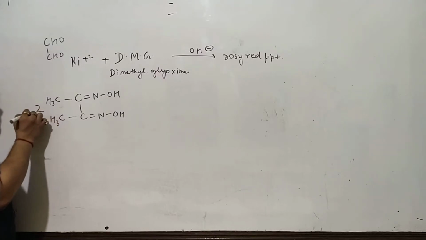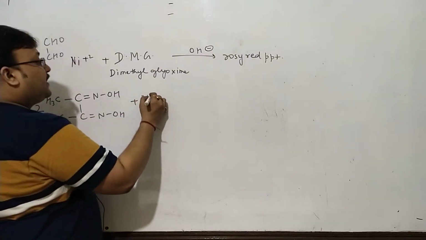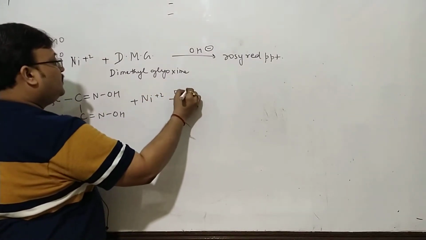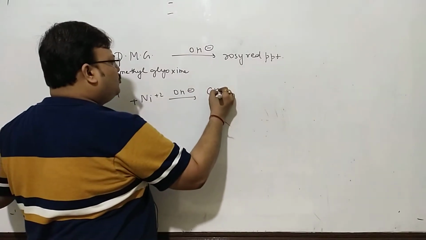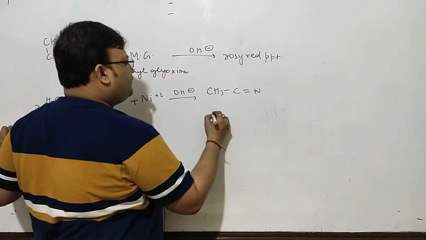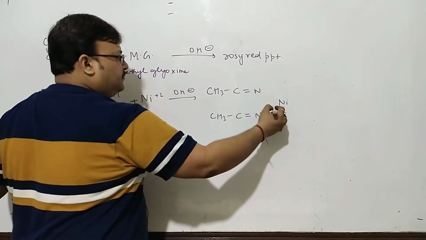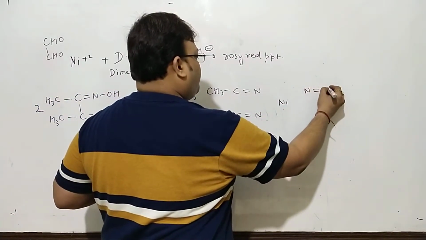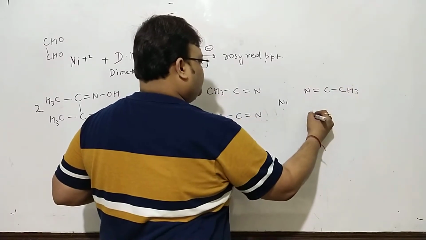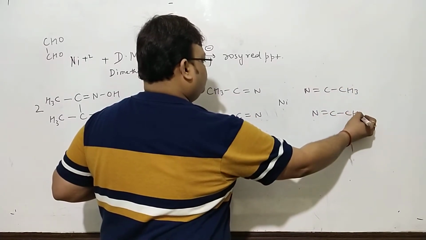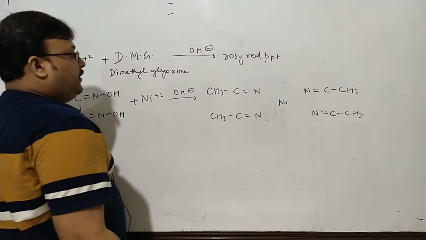Now 2 moles of this with nickel in alkaline medium will give you a complex like this. This is the complex which you get. Nickel at the center. NOH.